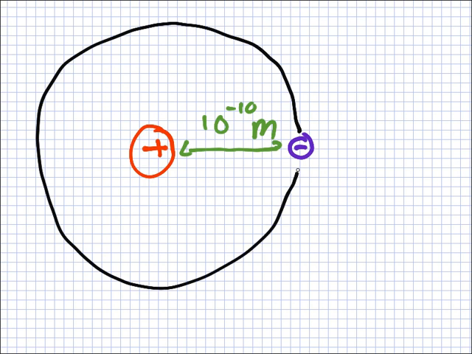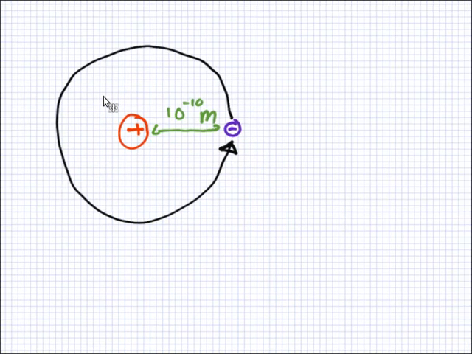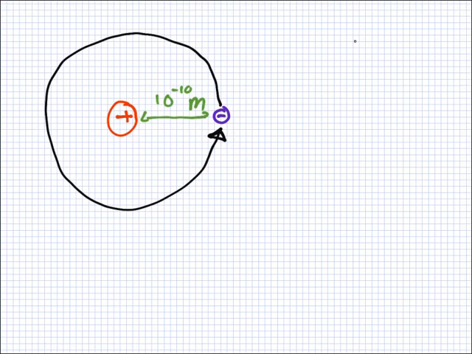It'll move around in a circle. In fact, what have I just drawn from chemistry? An orbital. But which atom? Hydrogen. So my question for you to do now: give me the time, the periodic time for an orbit.